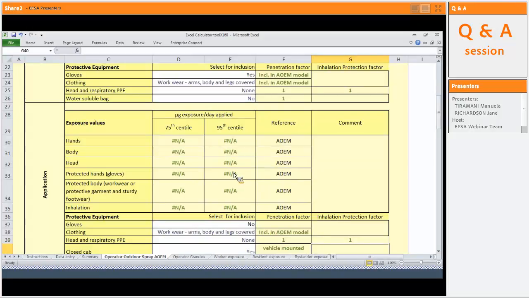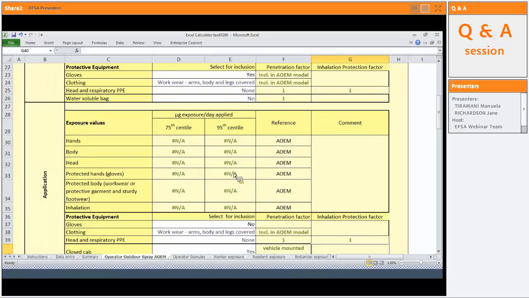I think many of the questions we've touched on already. I guess there's an interesting question about the minimum water volume, and the fact that if the dermal in-use dilution dermal absorption is lower than the product, for example, in that case.